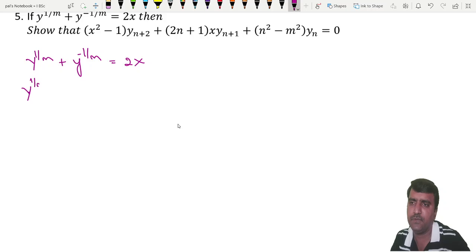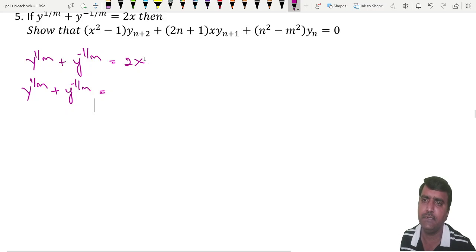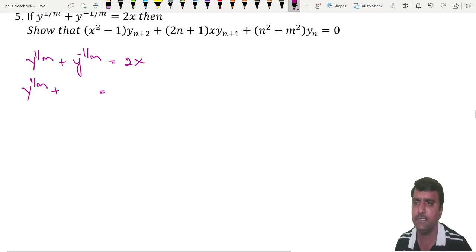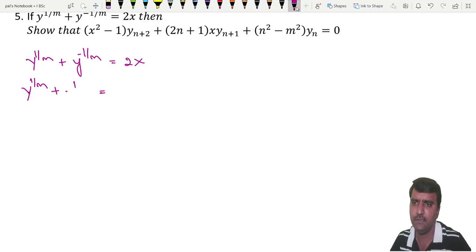You can write this is 1 by m plus y to the power minus 1 by m is equal to, you write that y to the power minus 1 by m as 1 by y to the power 1 by m. So we can write this as y to the power 1 by m plus 1 by y to the power 1 by m is equal to 2x.